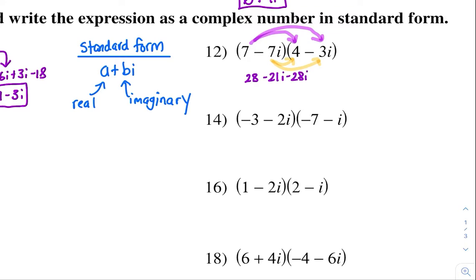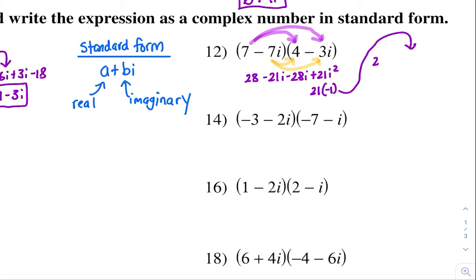And negative 7i times a negative 3i. So negative 7 times negative 3, you guys, is positive 21. i times i is i to the second. So remember, this i to the second becomes negative 1. And remember, an imaginary number should not have powers bigger than 1.